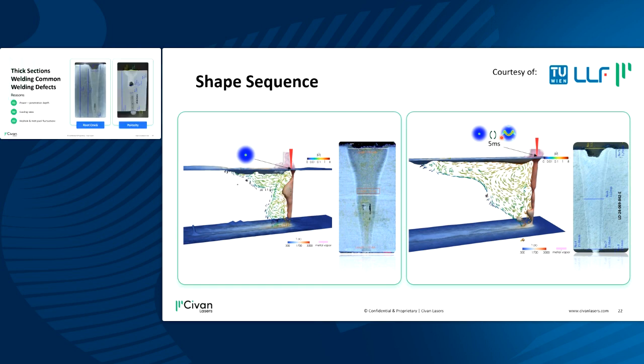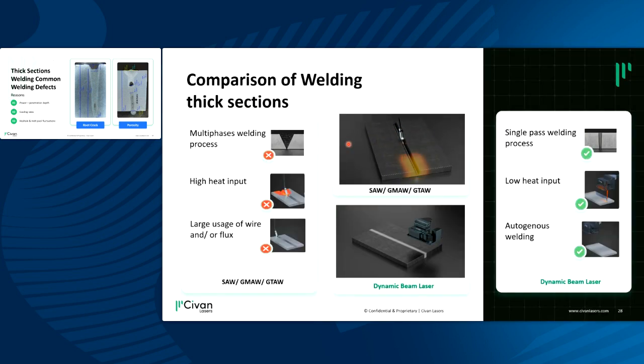In all of these cases, we have to do a multi-pass process because we have very low penetration, so we have to fill the bevel each time with a little filling material, wire or flux. This leads to a high heat input, which leads to a large heat affected zone, which also leads to a lot of distortion.